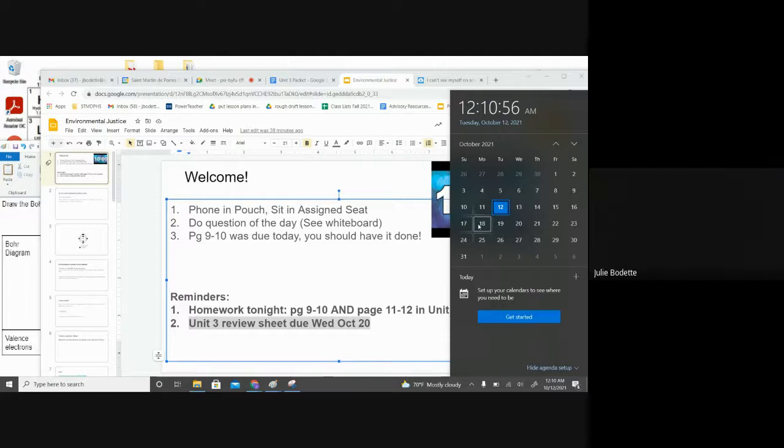You guys have workday Monday, and then we have class on the 19th. So all this homework is due on the 19th. So you have like an entire week to get this done. And then your review sheet, you even have one more day, right? That is due on the 20th, beginning of class. So 9 through 12 due on October 19th. And Unit 3 review sheet due October 20th.